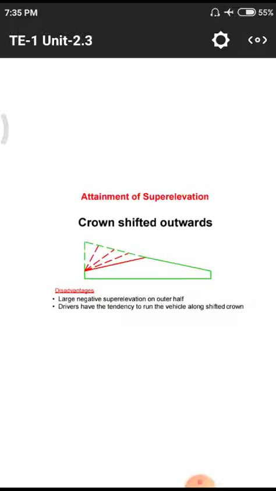The drivers will be confused due to this crown lifting and crown lowering. Because of that, most drivers have confused mindsets when overtaking vehicles in these conditions. They divert their attention, wondering which way to move and whether it is the correct way or not. Those kinds of mindsets are generally created by these alignments, with the crown shifted outwards and downwards.